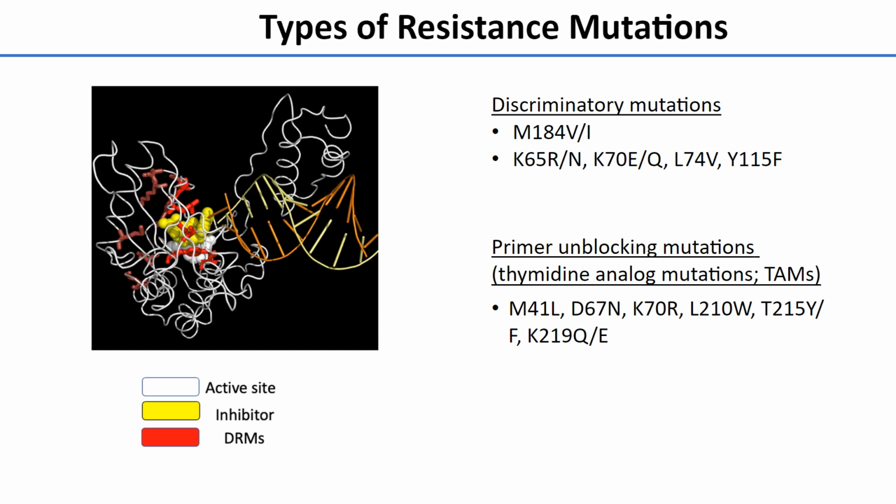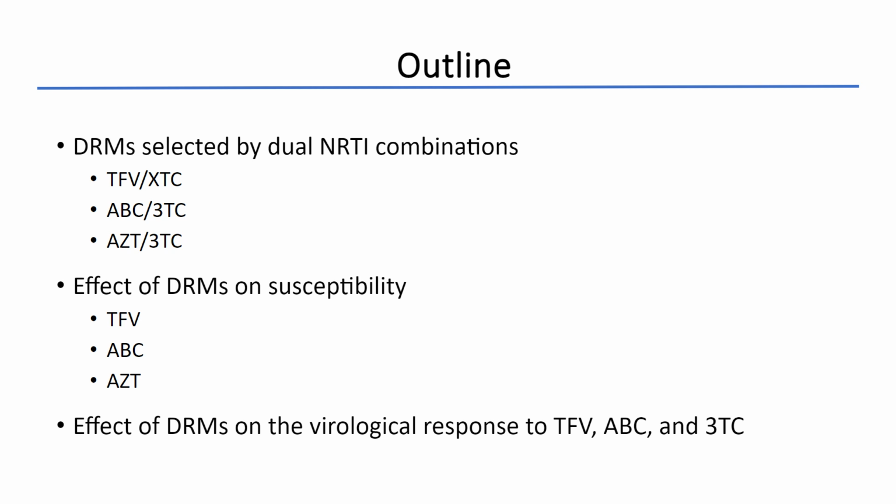They are primarily observed in patients with histories of ART dating back to the years in which AZT and d4T were frequently used. In this presentation, I will first review the drug resistance mutations selected by the 3 main dual NRTI combinations, including TDF or TAF in combination with 3TC or FTC, abacavir plus 3TC, and AZT plus 3TC.